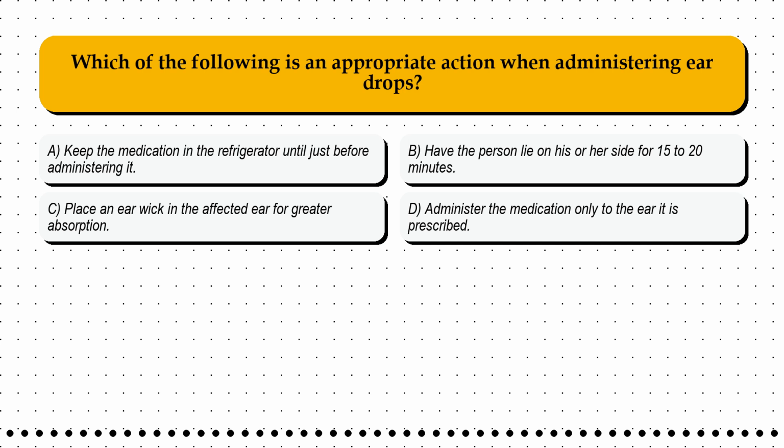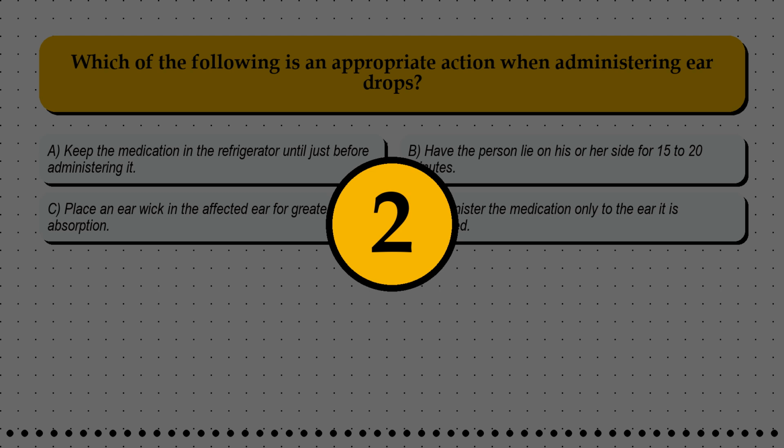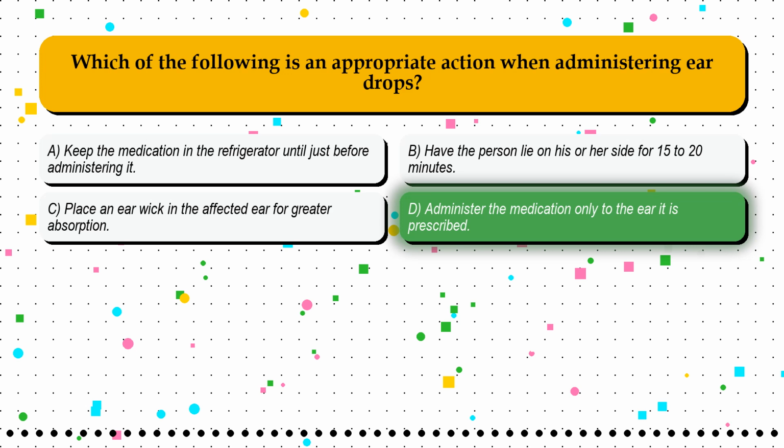Option A, keep the medication in the refrigerator until just before administering it. Option B, have the person lie on his or her side for 15 to 20 minutes. Option C, place an ear wick in the affected ear for greater absorption. Option D, administer the medication only to the ear it is prescribed. The correct answer is option D, administer the medication only to the ear it is prescribed.